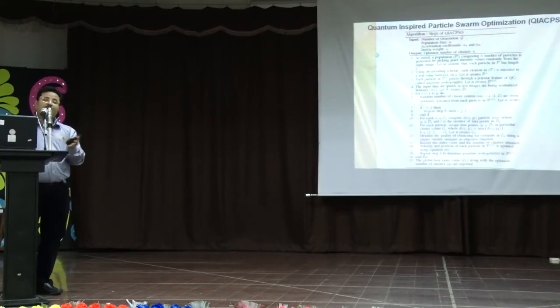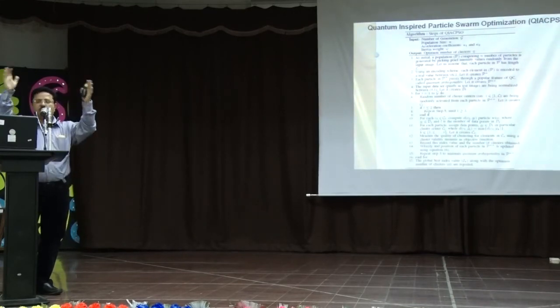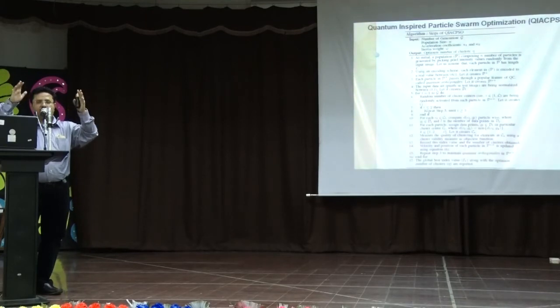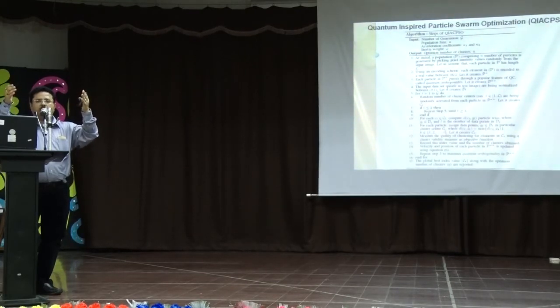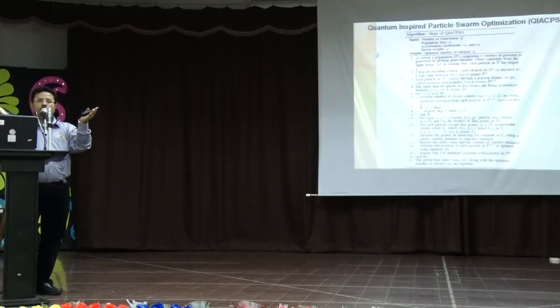That means you come back to the conventional domain again. You start with the conventional dataset, you convert it to quantum, do some operations, or rather run the algorithm, and then after getting the optimized result in the quantum domain, you do some quantum measurement to convert the quantum system back to the conventional system.